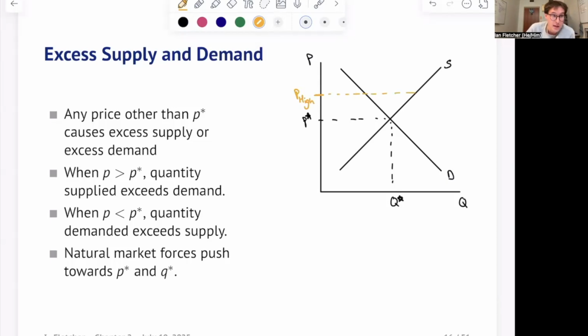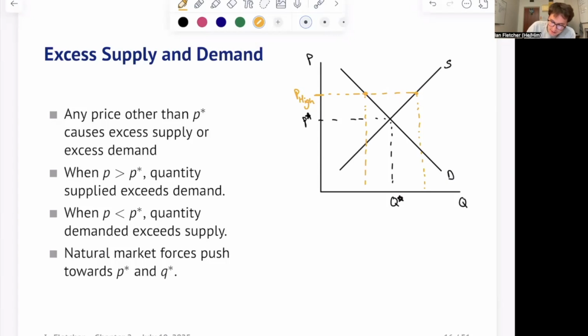We've got these associated quantities. So what happens is that when P is greater than P star, the quantity supplied exceeds the quantity demanded. And when the quantity supplied exceeds the quantity demanded, suppliers are going to have to lower their price in order to incentivize more people to buy more goods.